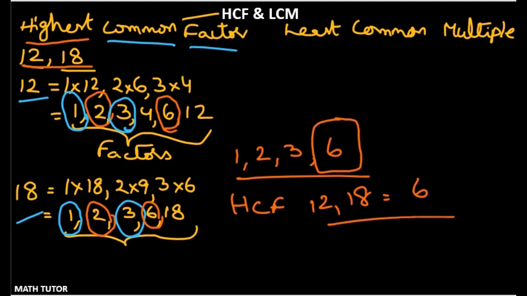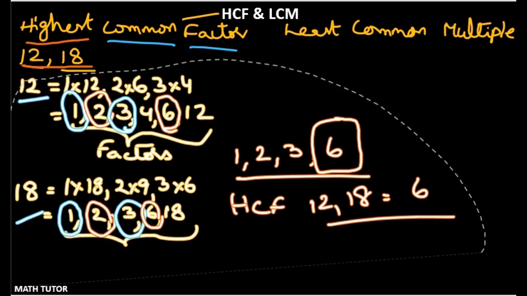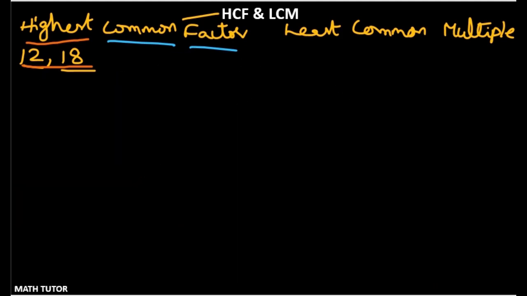Okay. For the same 12 and 18, if I need to find out the least common multiple, how am I going to do this? Least common multiple. First, I have to write 12 in multiples.